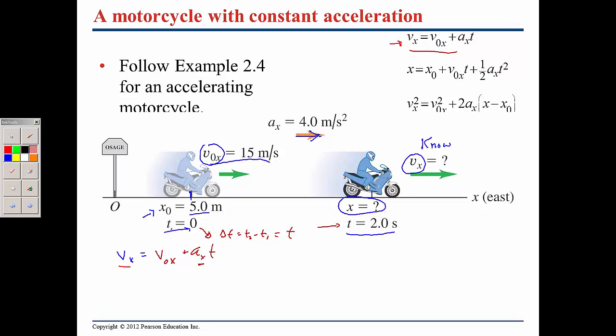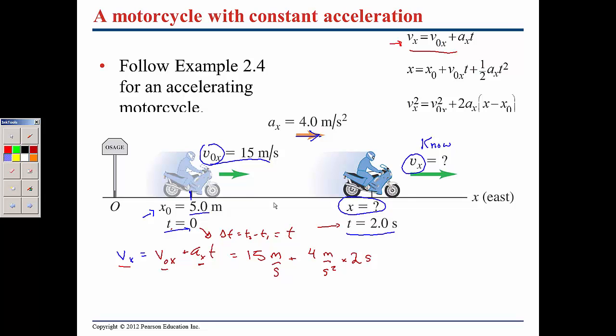I also know how fast I was accelerating and the initial velocity, so I can simply go ahead and plug these guys in. I can say 15 meters per second plus 4 meters per second squared multiplied by 2 seconds.